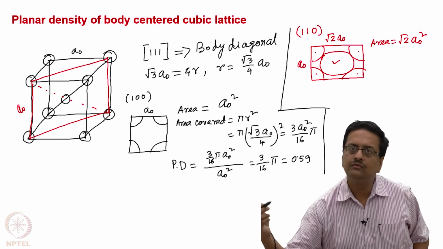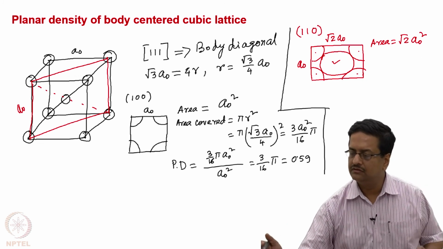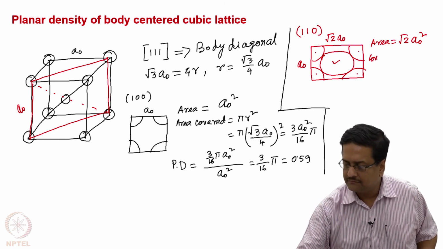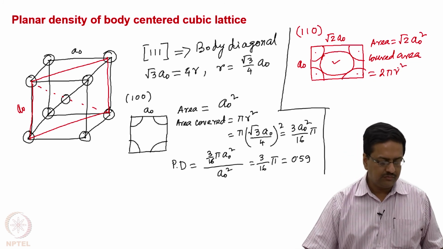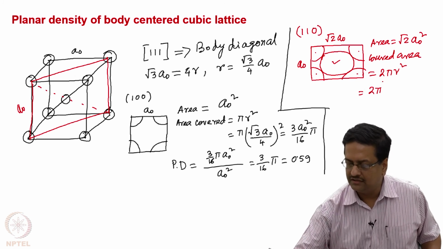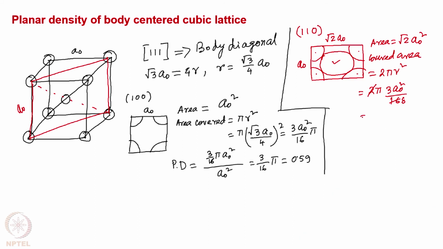That means a total of 2 atomic areas is covered in this 110 plane of the body-centered lattice. So the covered area is nothing but 2 pi r square, which can be written as 2 pi times 3 a0 square by 16, which is equal to 3 pi a0 square by 8.